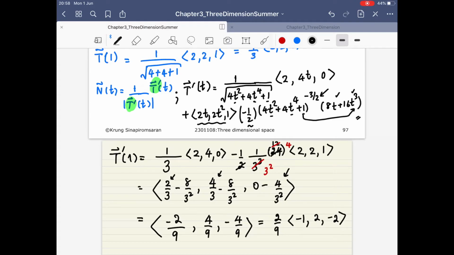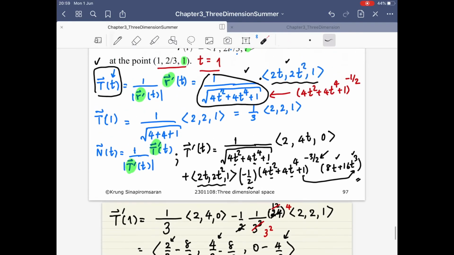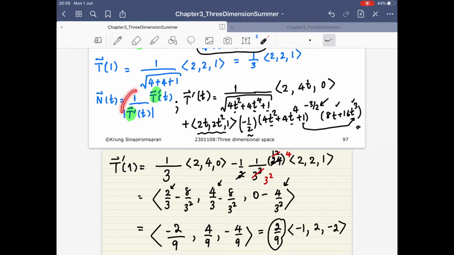So you don't really need this 2/9, because what you need is a unit vector of your T prime. So you only need the vector, and this one is the direction, right? And then you just divide by their own length.